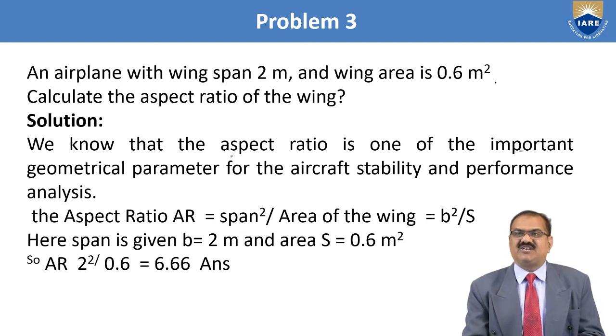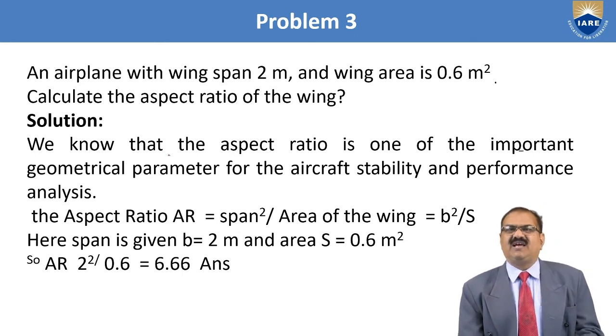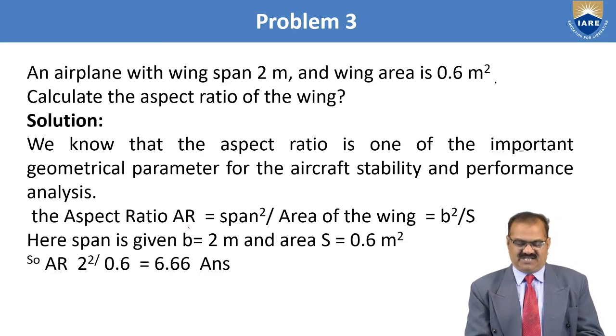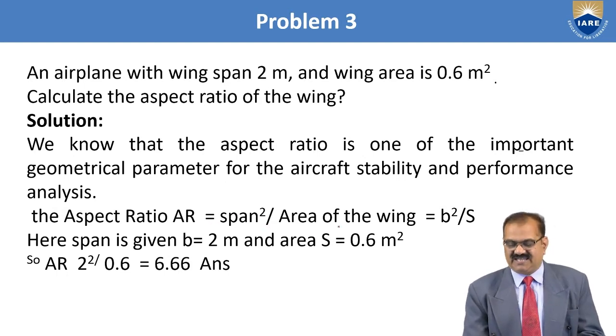We know that the aspect ratio is one of the important geometrical parameters for aircraft stability and performance analysis. The aspect ratio is also represented by AR. AR is equal to span square divided by area of the wing.